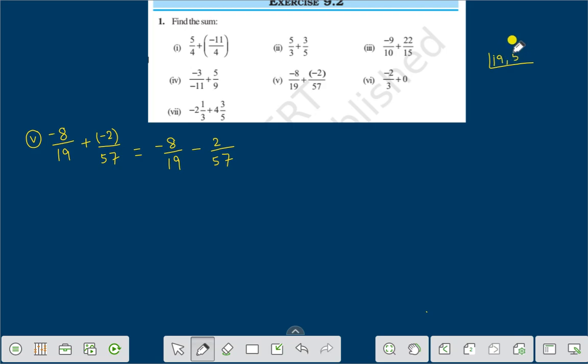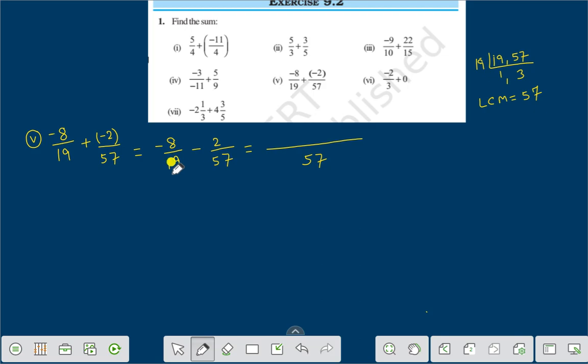If you divide 57 by 19, it is 3, and 19 times 3 is 57, right? Therefore the LCM is equal to 57.